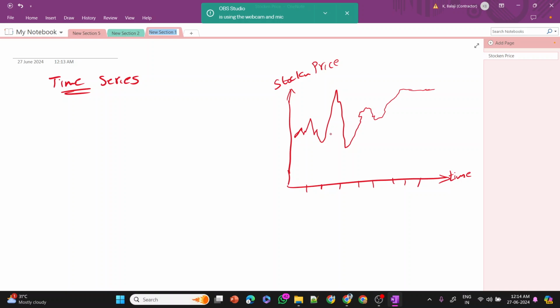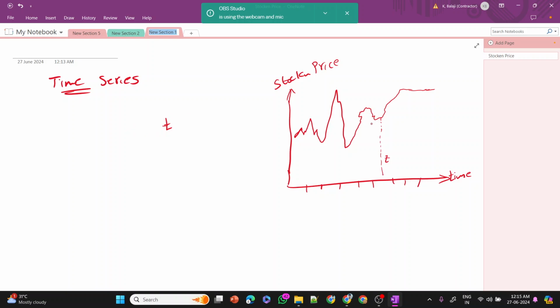Each time period depends upon the previous time period. Let's take the current time period as T. So we need to predict what will be the stock price at the time of T. That can be decided by the previous time.